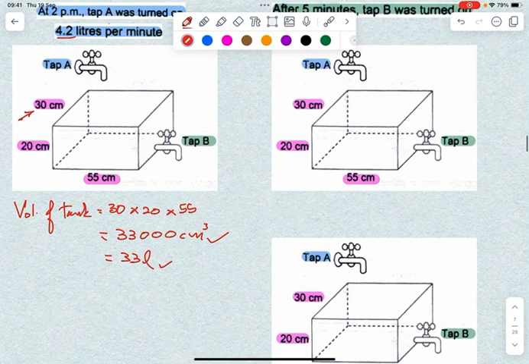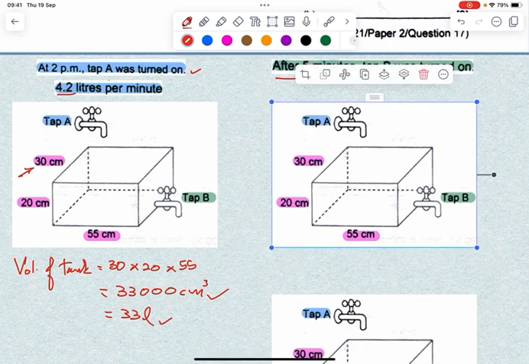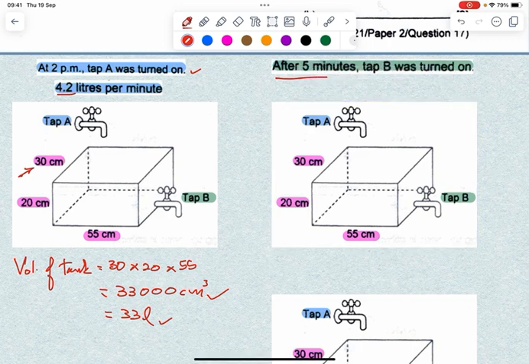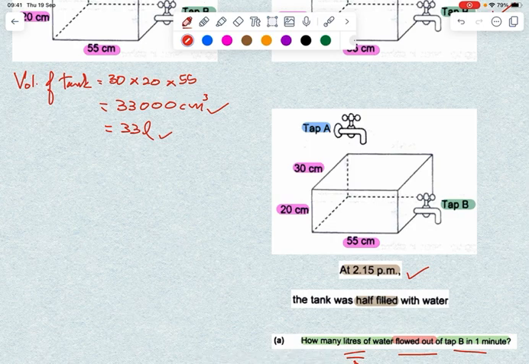And after 5 minutes, tap B was turned on. That means from 2 p.m., 5 minutes later it'll be 2:05. At 2:05 p.m. tap B was turned on. And of course, after 15 minutes, the tank was half filled with water.